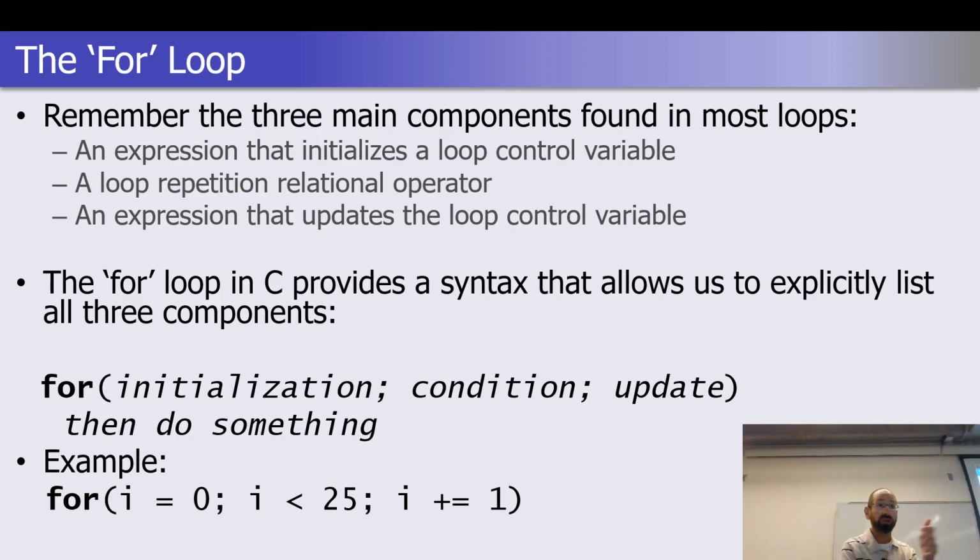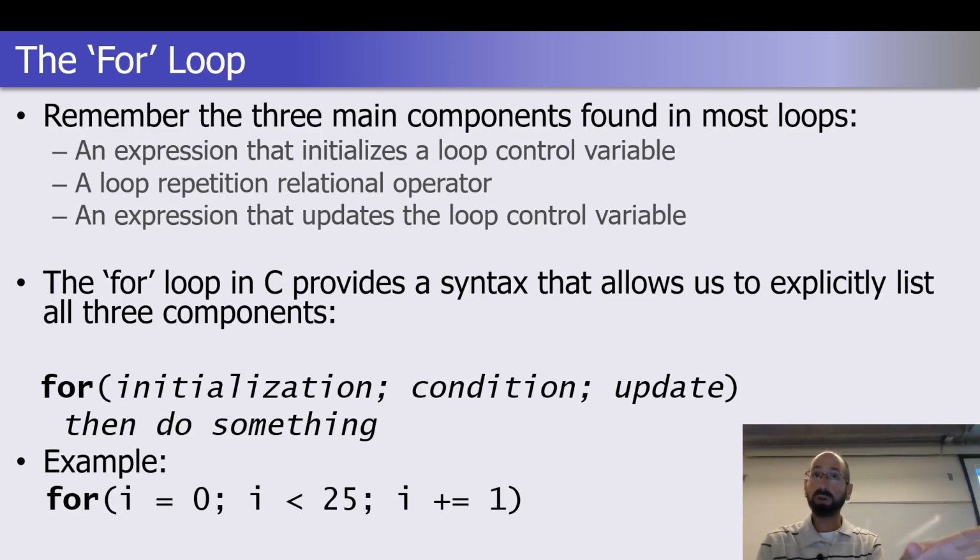And then at some point, there needs to be some other expression that updates that loop control variable. We have all three of those things in our while loop. The only point of the for loop syntax is it's just a more convenient, more explicit way to list all three of those components that all of our loops are required to have.